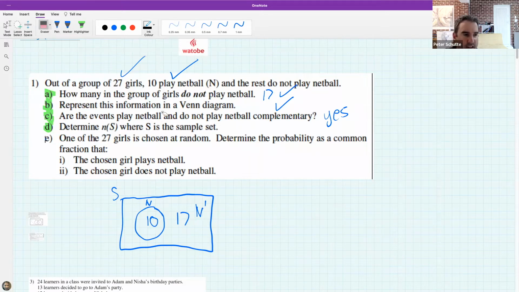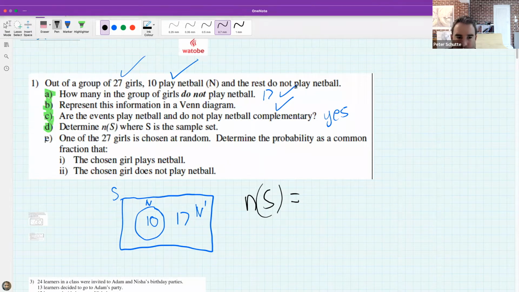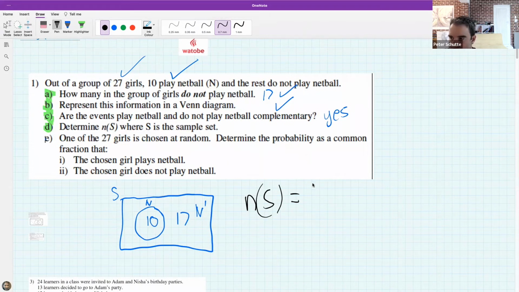Okay, what is D? N of S. What is N of S for this question? So S is the sample space. How many items are there in the sample space?